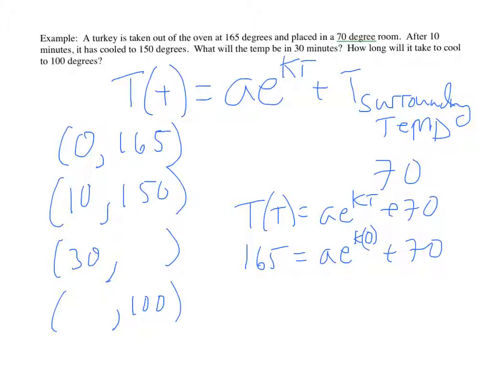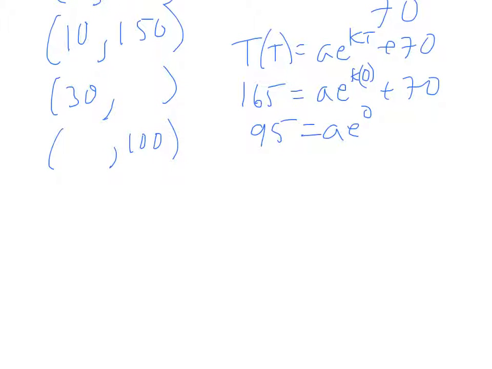Subtract 70, that gives me 95 degrees equals a times e to the 0, and e to the 0 is 1. So it looks like a is 95. Then I can use the second point to find k. I know the temperature is 150 degrees at time 10. Whoops, not A, I should be writing E.